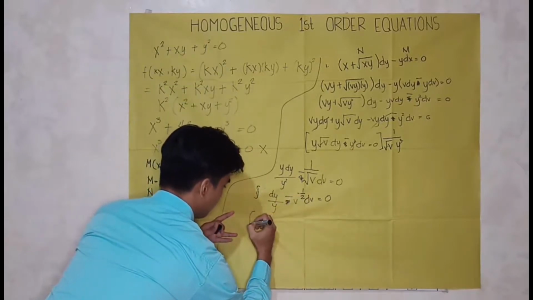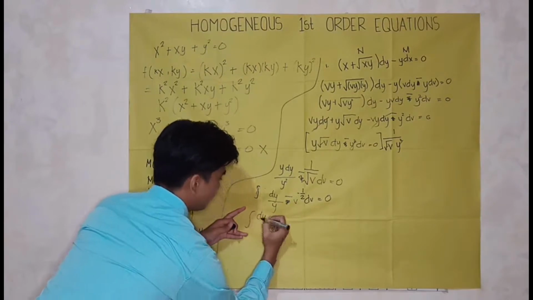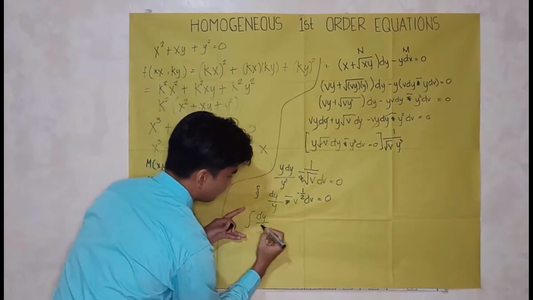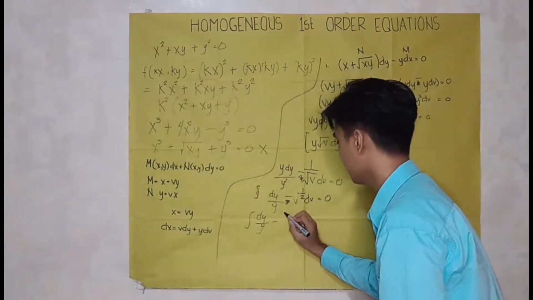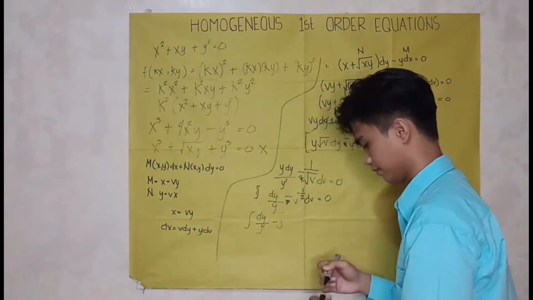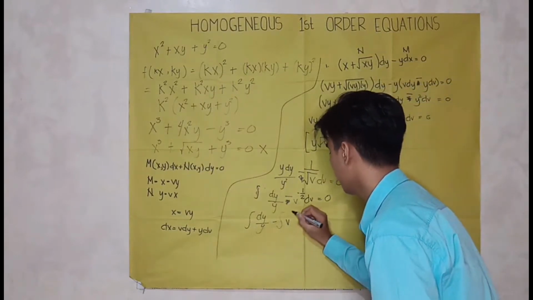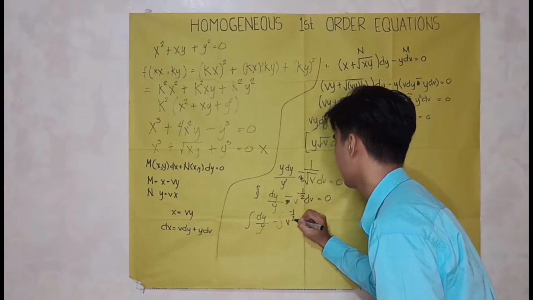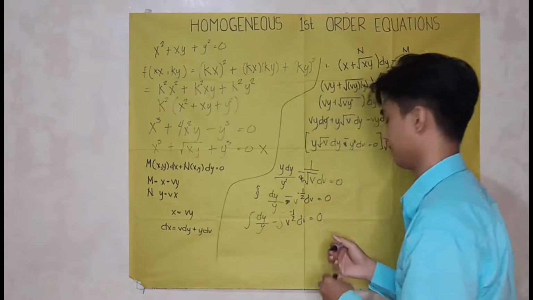So, integral of dy over y minus integral of v raised to 1 half dv is equals to 0.